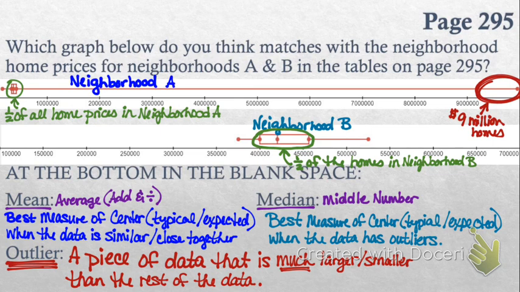All right. So we're going to do some investigating of this kind of data when we have an outlier and when we don't have an outlier. You're going to need to flip forward to page 298. So after you have this written down on 295, I want you to flip forward to page 298.